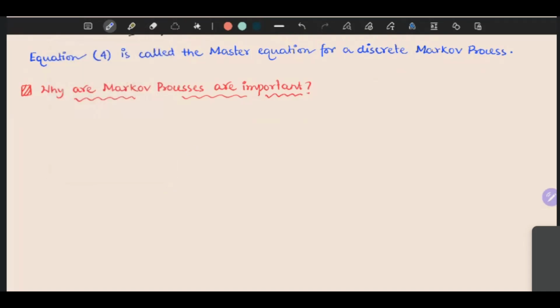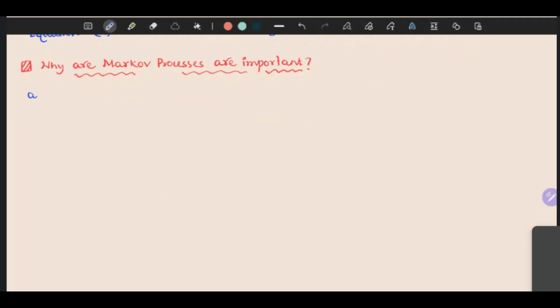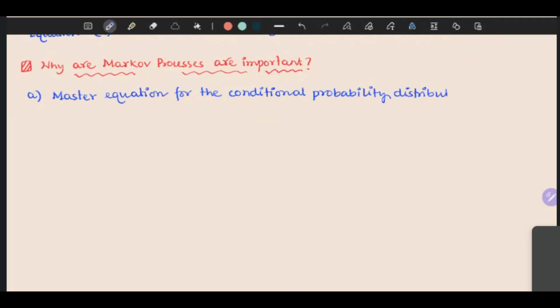Now observe that master equation, the master equation for the conditional probability distribution. First thing, it is a first order differential equation.